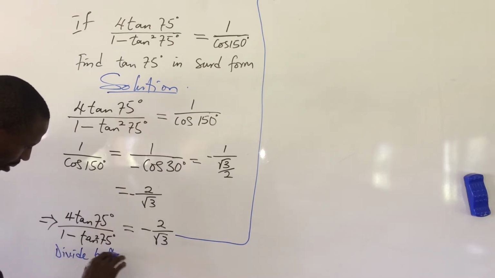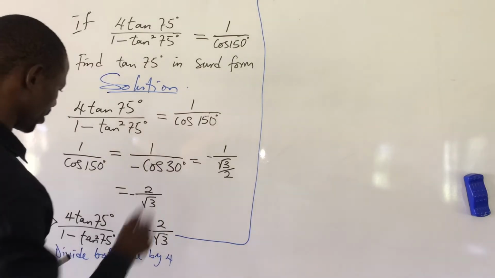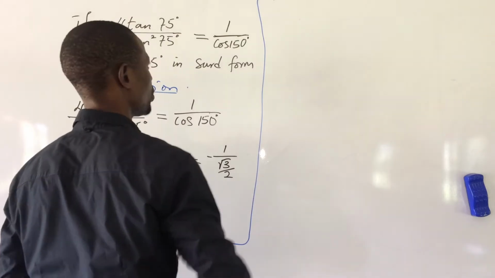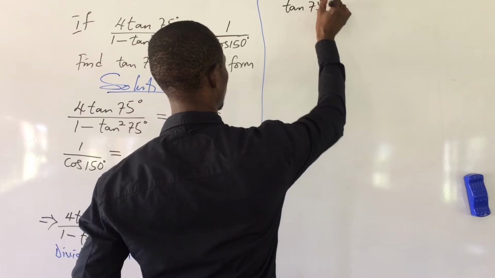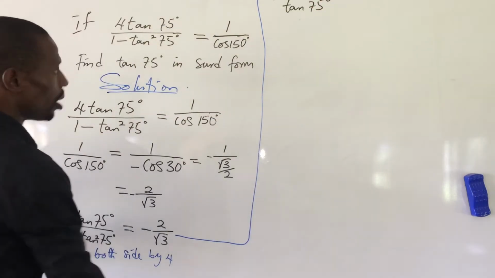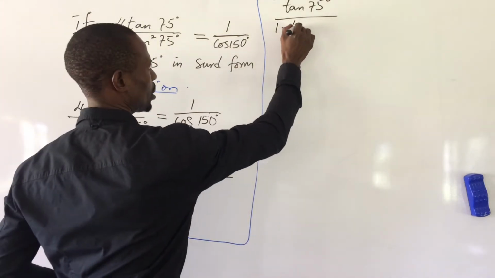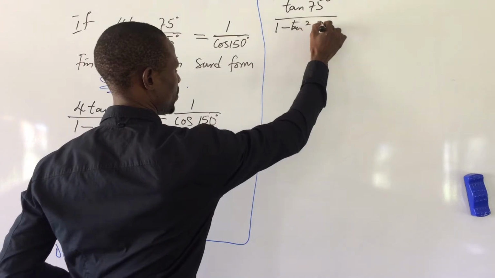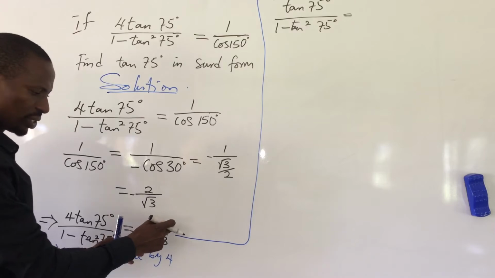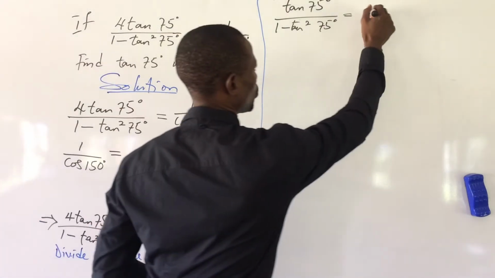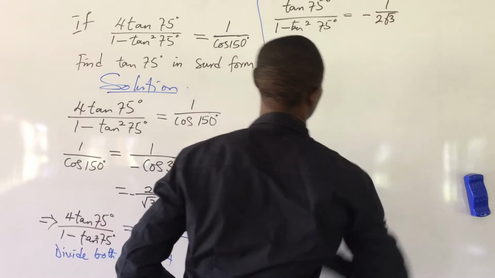Automatically this is going to give us tan 75 degree all over 1 minus tan square 75 degree equal to, if you divide this side of the equation by 4, you're left with minus 1 all over 2 root 3.